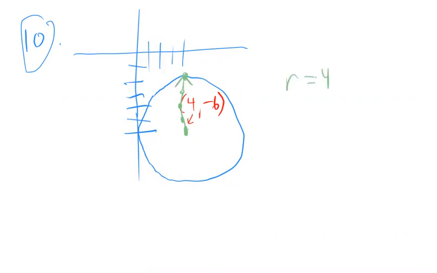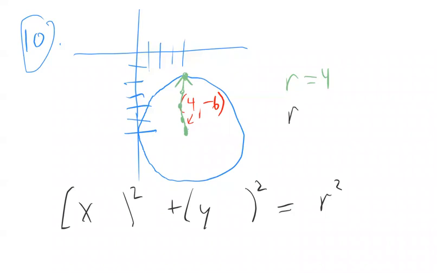So the standard equation of a circle is (x - h) squared plus (y - k) squared equals the square of the radius. If r equals 4, then r squared equals 16. So this number is supposed to be 16.